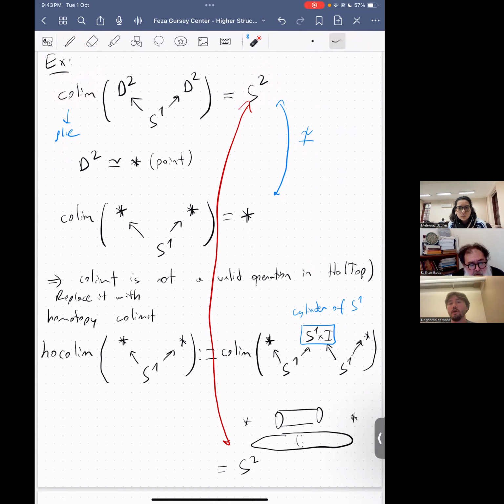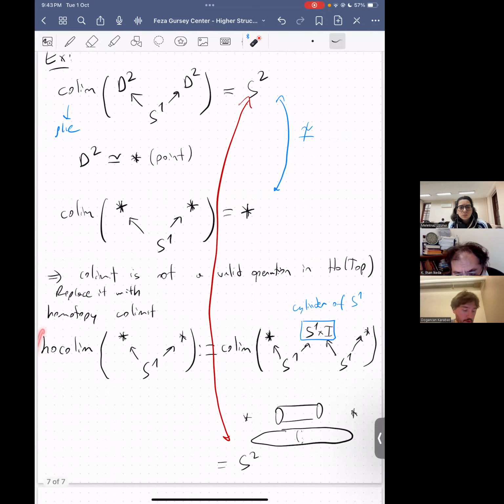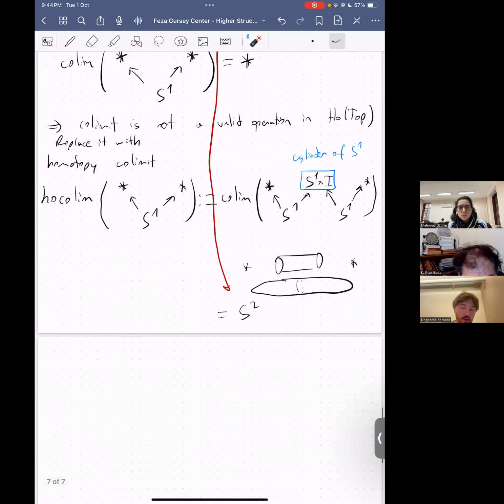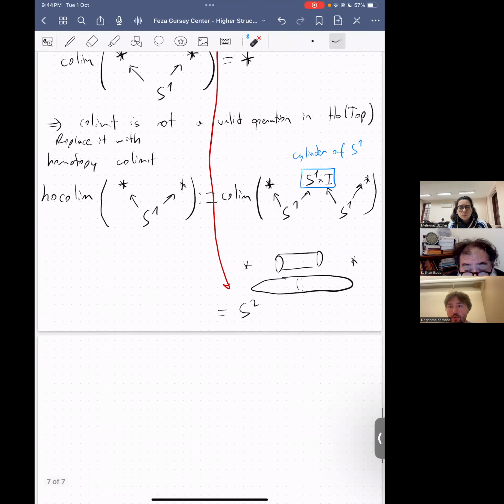So now I get a consistent operation. Homotopic limit is a way to glue things in this homotopy theory. And in geometry, what I care about is understanding homotopic limits. But this is an example. This is not the DG category setting. This is from topology.